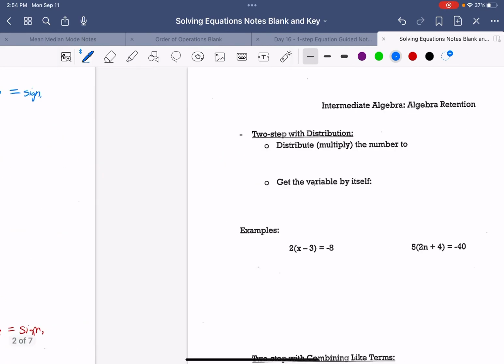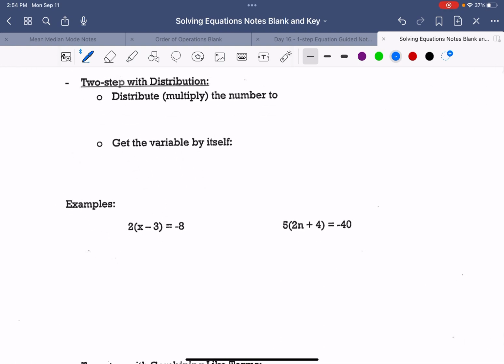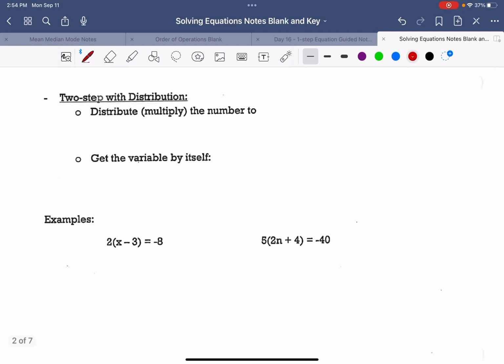Let's see what happens when we add distribution. Okay, now remember, distribution means we are going to do some multiplying. And I like how they have these parentheses in here because that's what distribution is. You are going to see some parentheses and you need to get rid of those first. So you're going to multiply the number to all parts inside the parentheses.